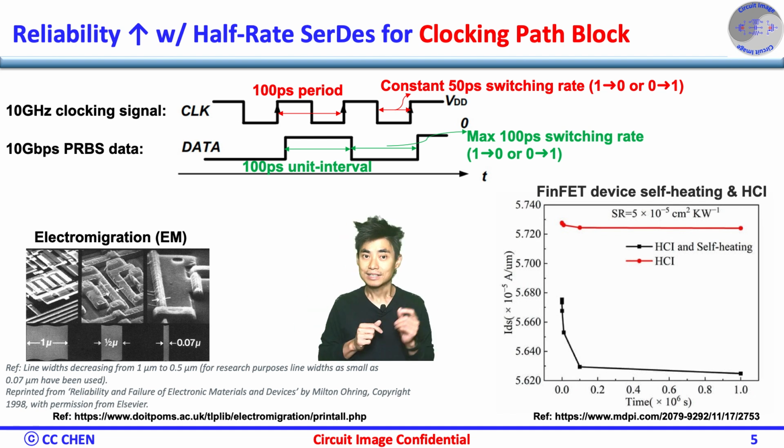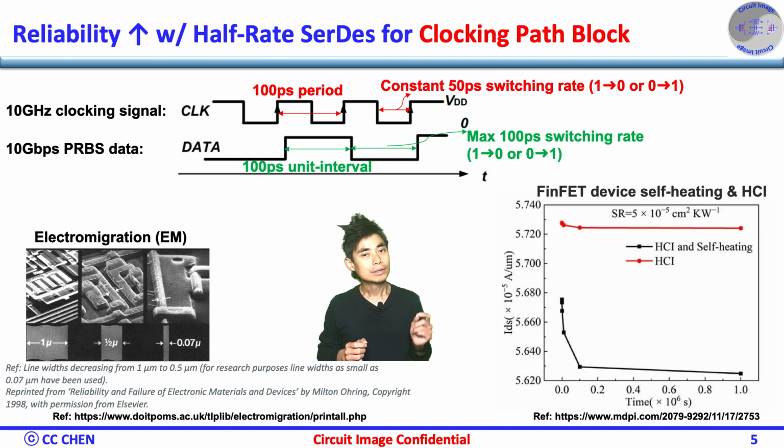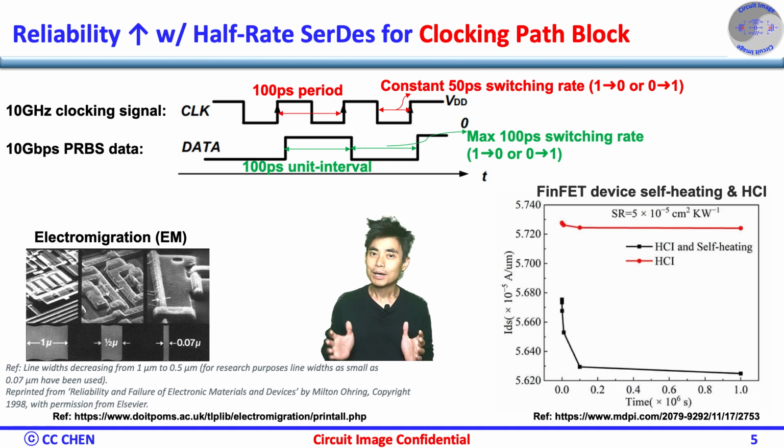The 10 GHz clocking has the most switching activity compared to the 10 gigabit per second PRBS data, which may have a static 1 or 0 for a while. Therefore, the clocking path may suffer from aging more than other data path blocks.